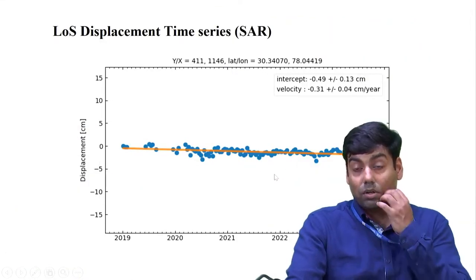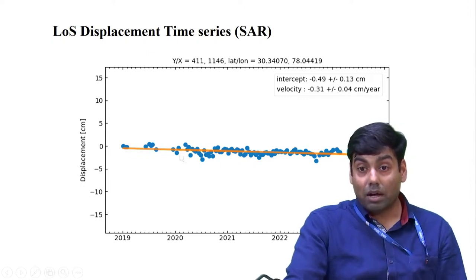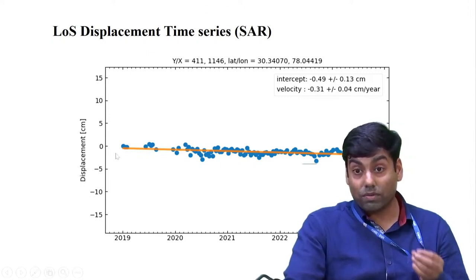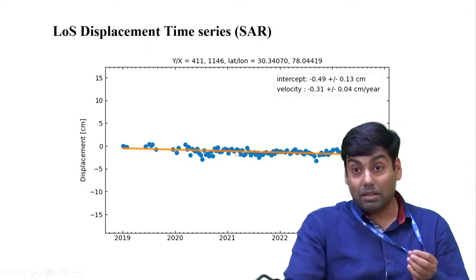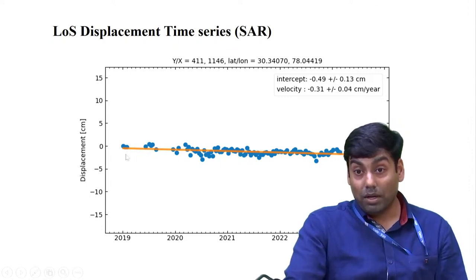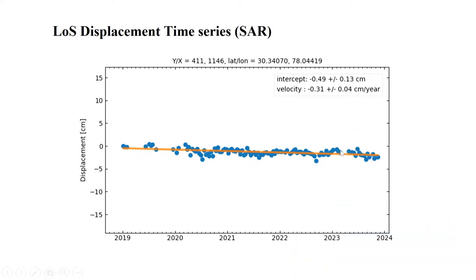This is your SAR component, how the SAR line of sight velocity is depicting this particular region. It is showing almost a zero trend line, meaning it has a velocity of 0.31 in the line of sight direction.